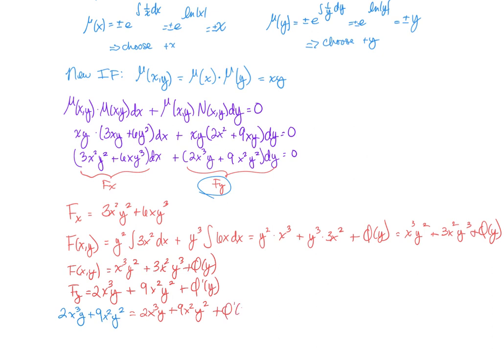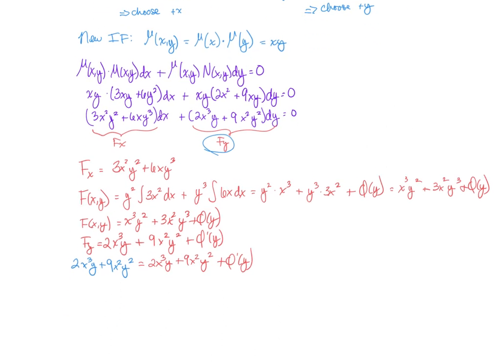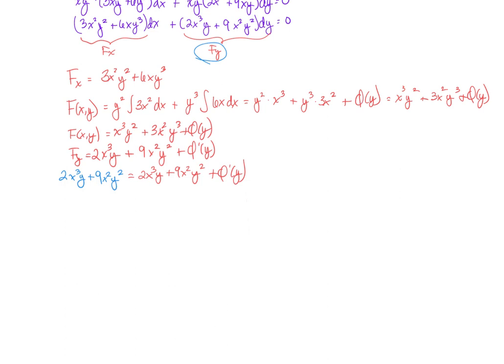My phi prime of y is going to end up just equal to a constant, because these guys cancel out, these guys cancel out. So I end up with 0 equaling phi prime of y. So phi of y is just going to equal a constant, and as we said before, we're going to let that constant be 0.